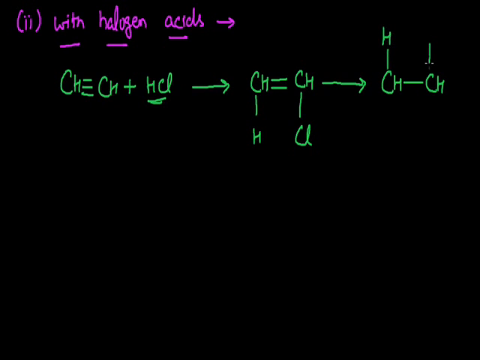Initially they had one hydrogen and one chlorine respectively. Now this hydrogen-containing CH group will have one more hydrogen, and this one will have one more chlorine. So the name of this compound is 1,1-dichloroethane, and this compound is formed due to the addition reaction of halogen acids to this ethyne.